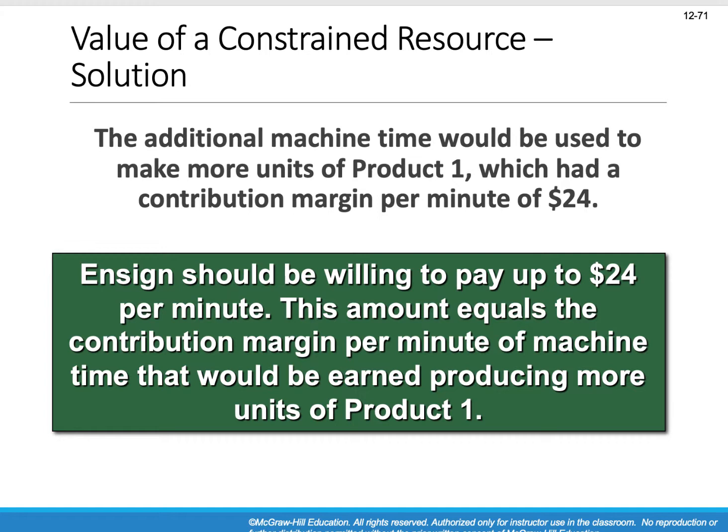So in order to figure that out, we need to think about what is the contribution margin. Okay, so the additional machine time that Ensign would use to make more units of product one has to be comparable to the contribution margin per minute.